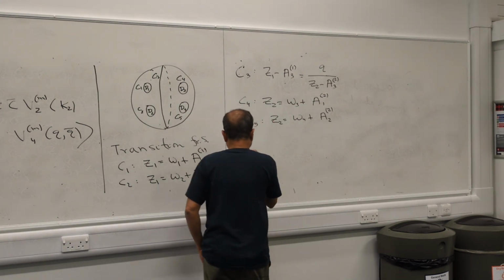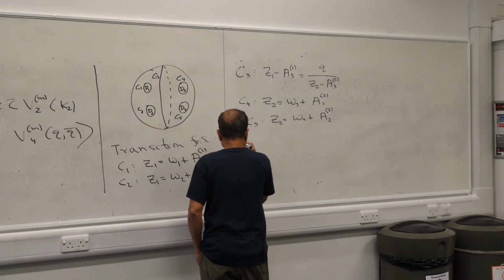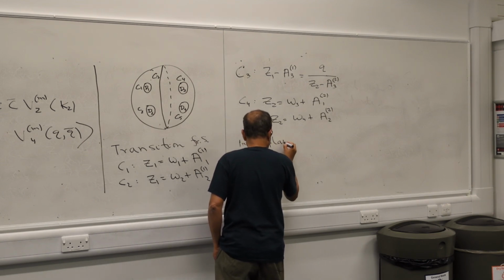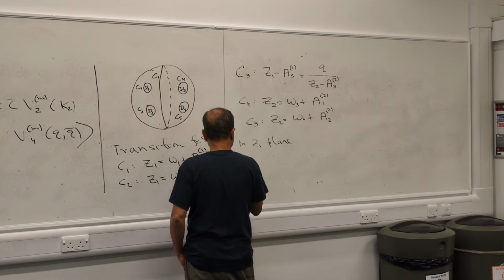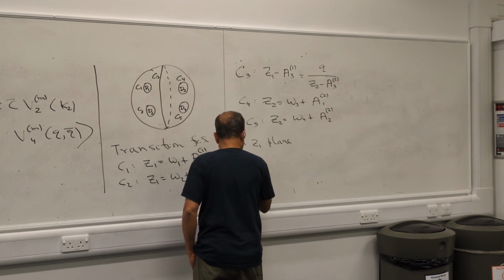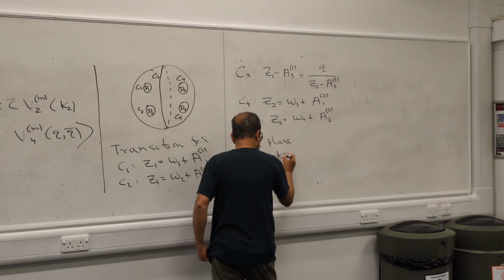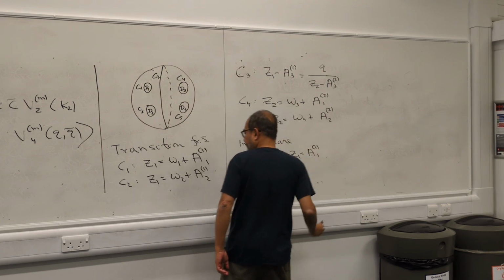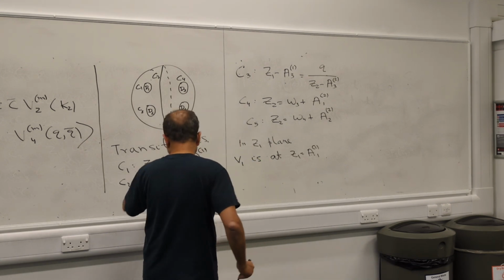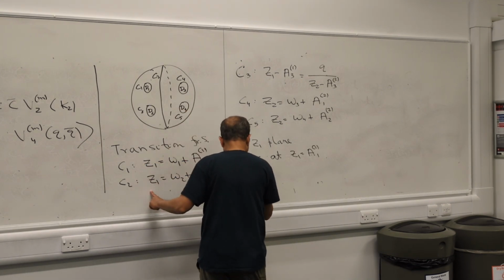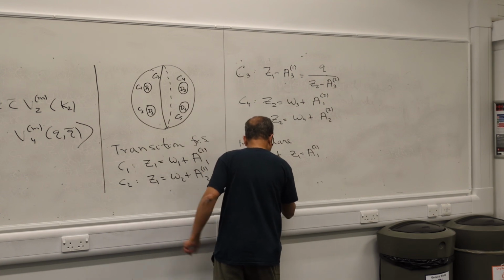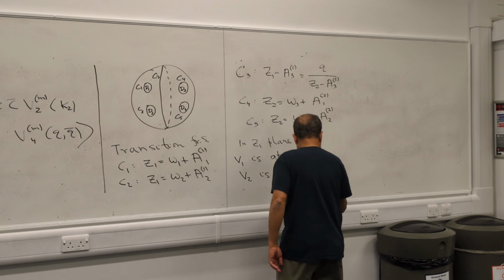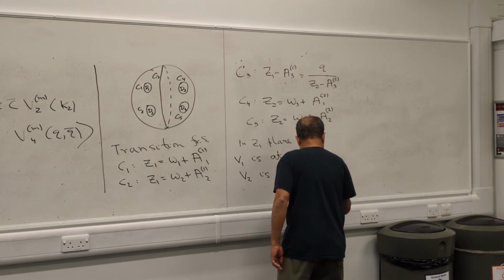So let's look at the vertex operators. In the Z1 plane, V1 is at Z1 equal to A11, right? W1 equal to 0. V2 is at Z1 equal to A12.